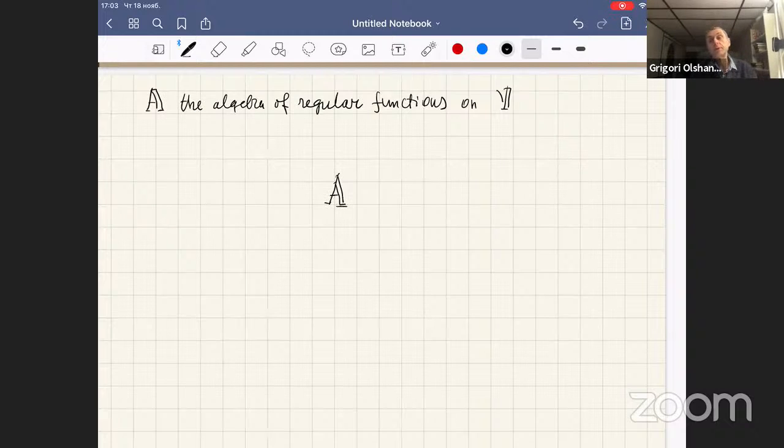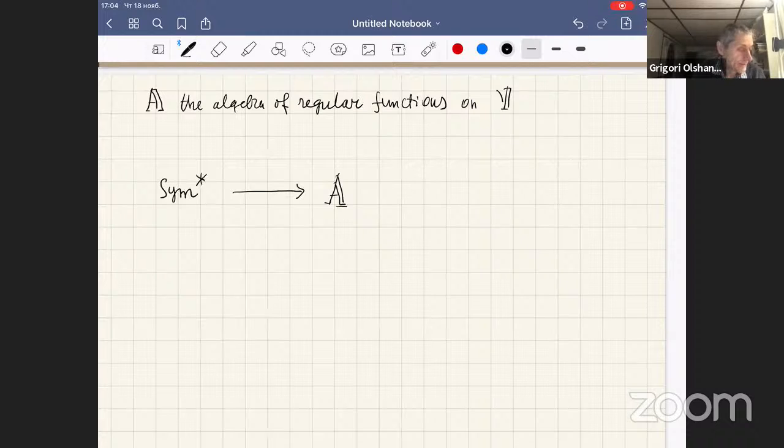One can say in the center of a picture. And then this algebra appears in different ways. One way is to represent it as an isomorphic image of the algebra of shifted symmetric functions.